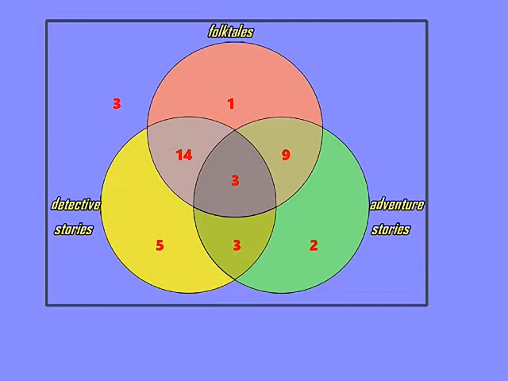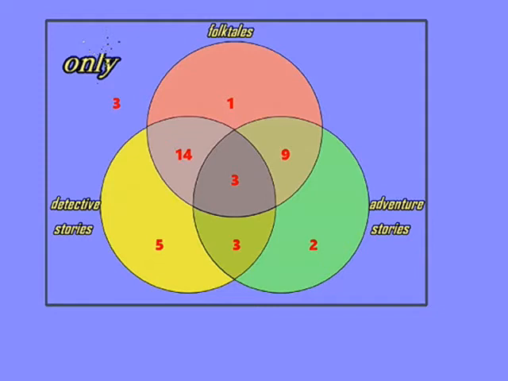Look at the yellow section. It has an unmixed yellow color and does not have any intersection in it. So, it shows that 5 pupils like to read detective stories only. Here, we use the word only to show that it is unmixed.